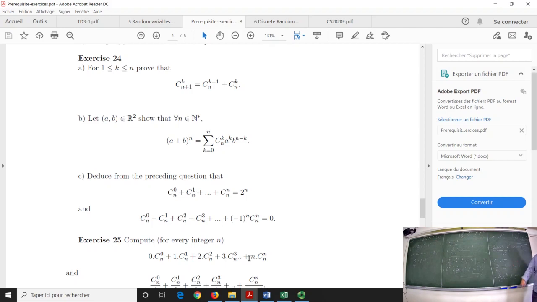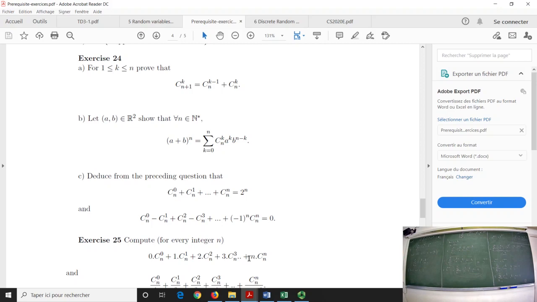I have to take particular choices for A and B. What are they? So for B, I can take 1, and for A, I just take minus 1.